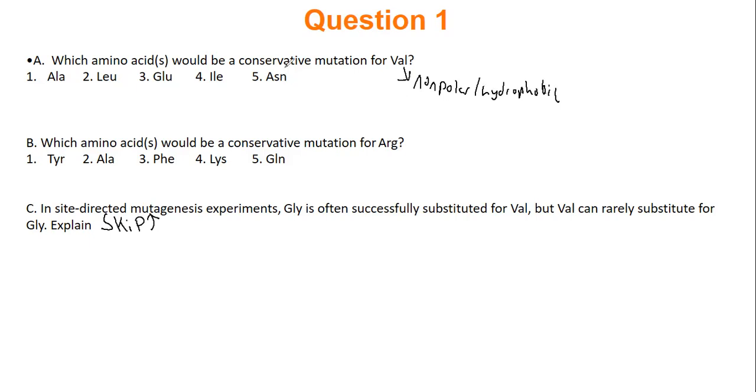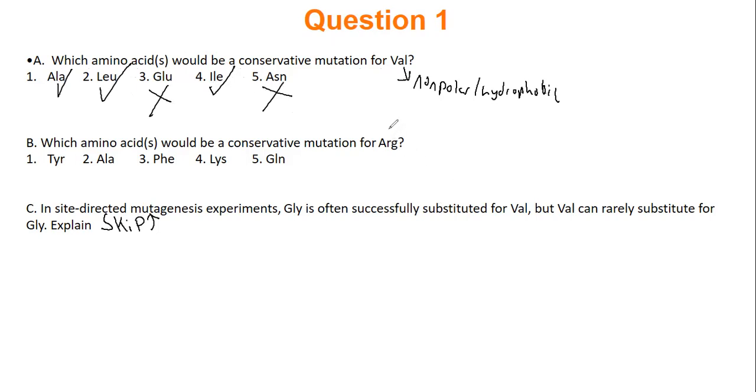So a conservative mutation of Val would also be amino acids that have the same characteristics. Alanine is nonpolar, so that could be a conservative mutation. Leucine is nonpolar, so that would be a conservative mutation. Glutamic acid is negatively charged, so that won't be. Isoleucine is hydrophobic, so that's a conservative mutation. Asparagine is polar, so it wouldn't be.